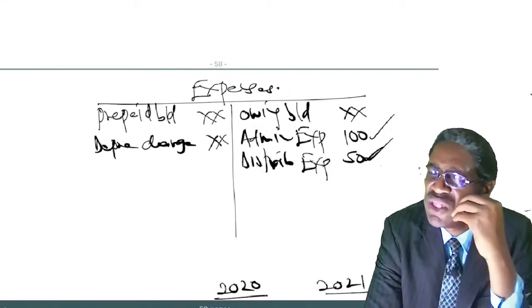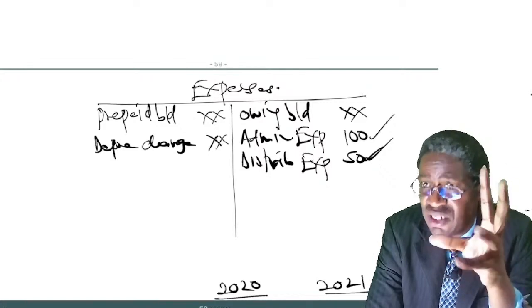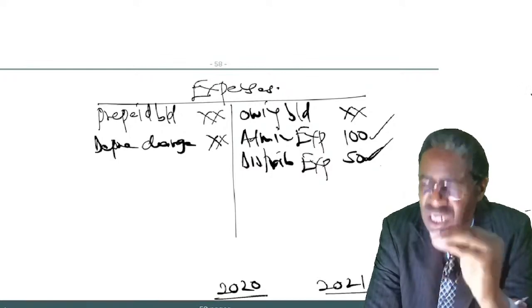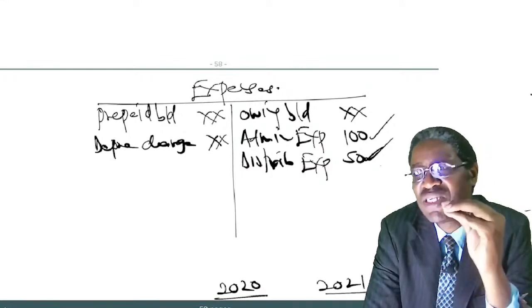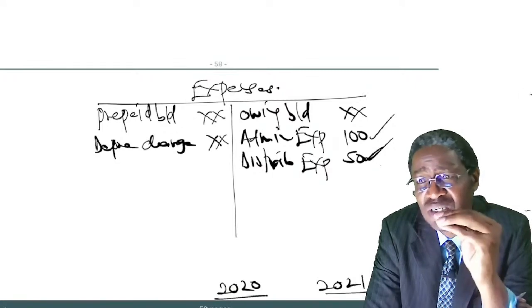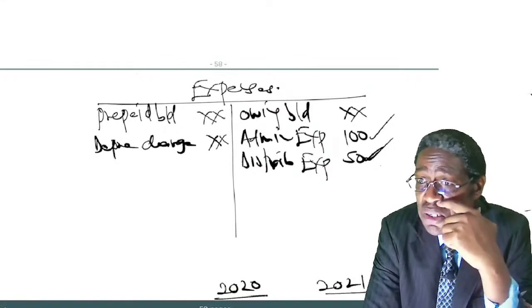I'm not asking you to think in terms of admin or whatever. Think of an expense that your company incurred, but nothing went to the P&L account in terms of cash.